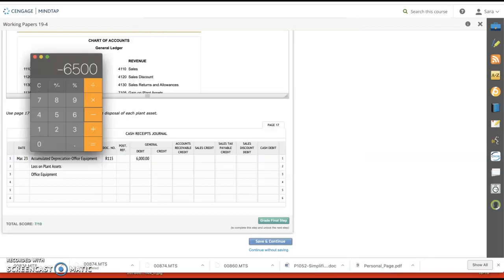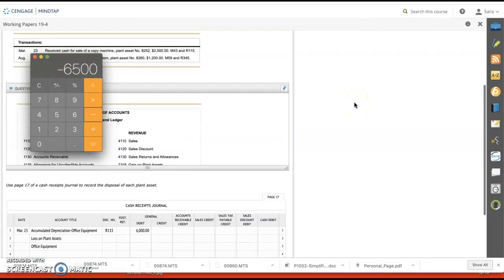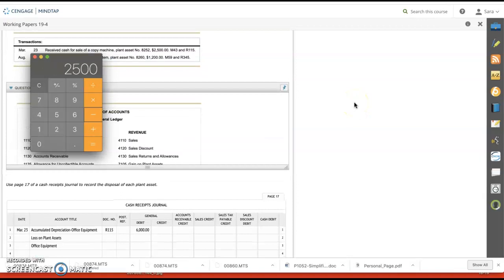And then we have to calculate our loss. So we will take the cash we received, which was $2,500, minus the cost, clear all that out. $2,500 minus our cost of $9,000.